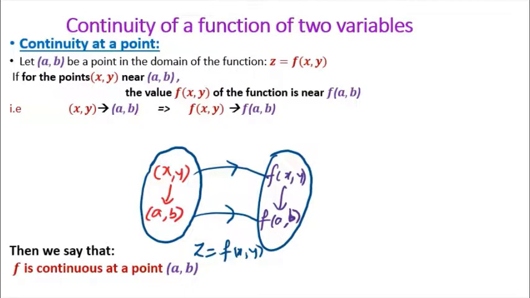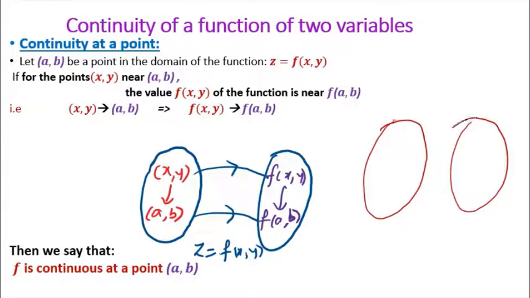After completing the definition of a limit, now let us look at its extension, that is, continuity of a function of two variables. Before starting the continuity definition, I'll recollect what we defined for the limit.